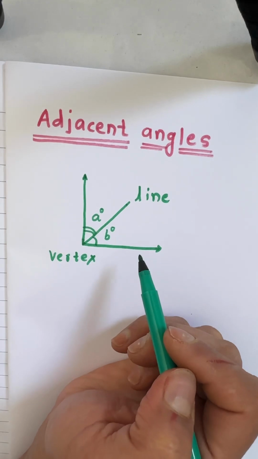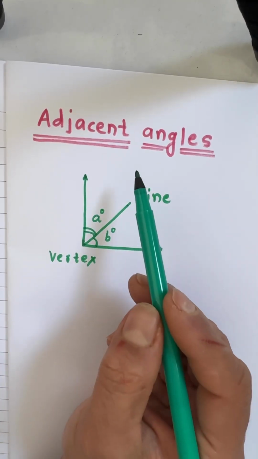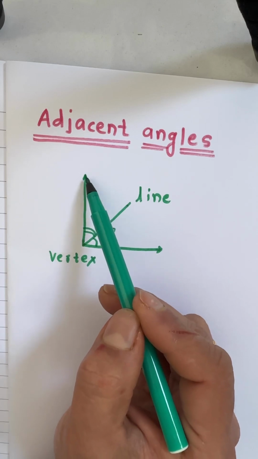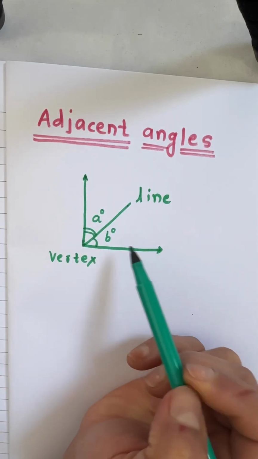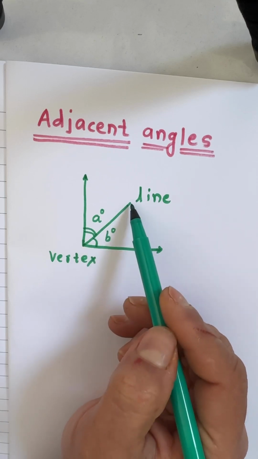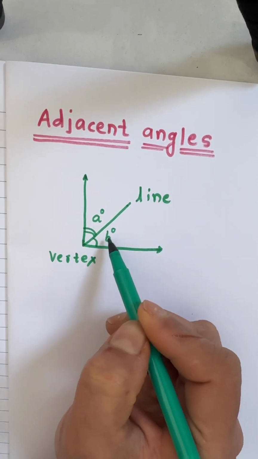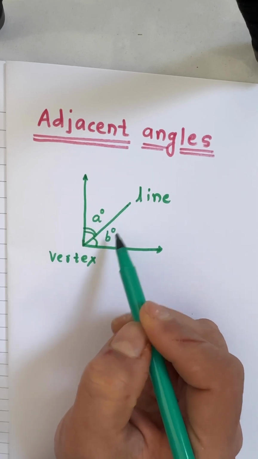Consider the next term, adjacent angles. What is meant by adjacent angles? Here it is right angle in which we have a line here. So this right angle is divided into two angles.